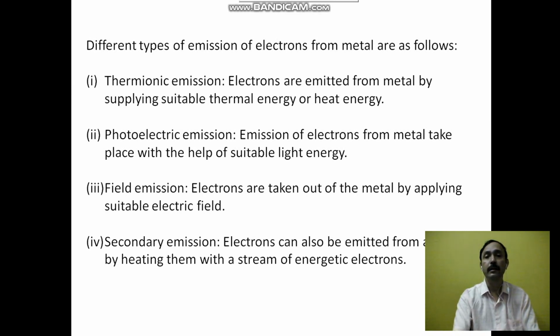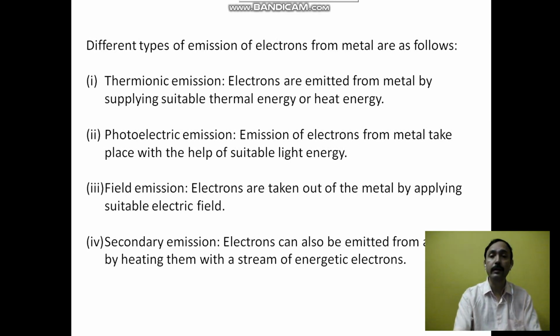Photoelectric emission: emission of electrons from metal takes place with the help of suitable energy, that is, suitable light energy exactly. Field emission: electrons are taken out of the metal by applying a suitable electric field.